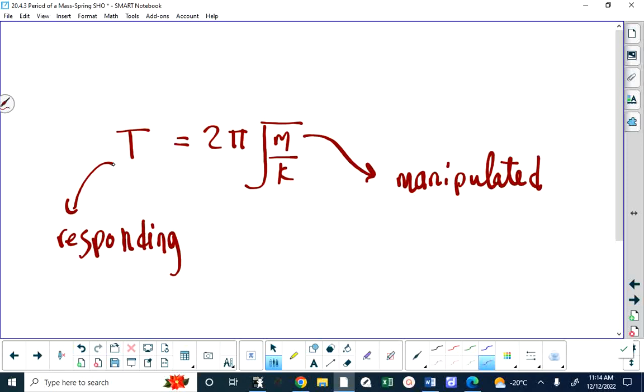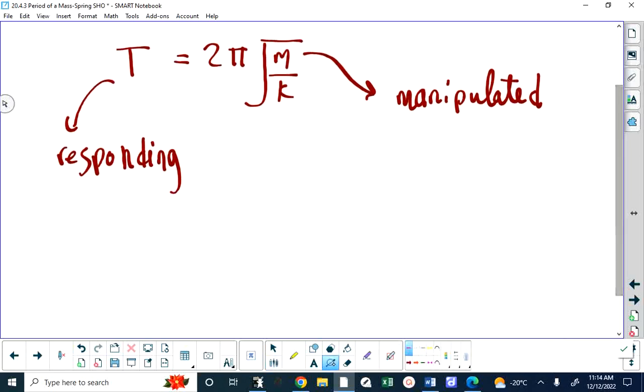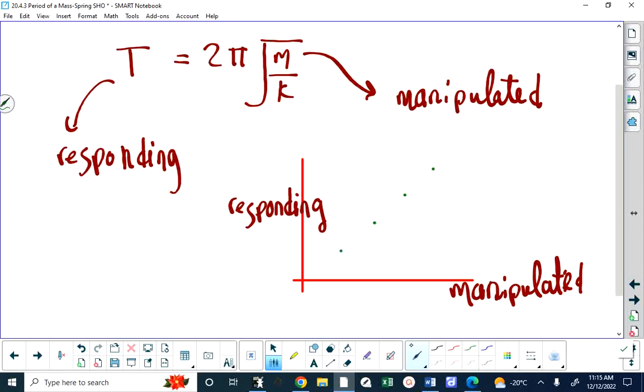Okay. So when we have a graph that we construct in science, we want the responding variable here and the manipulated variable here. But we also want a straight line.